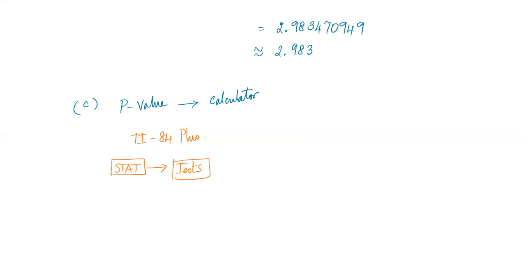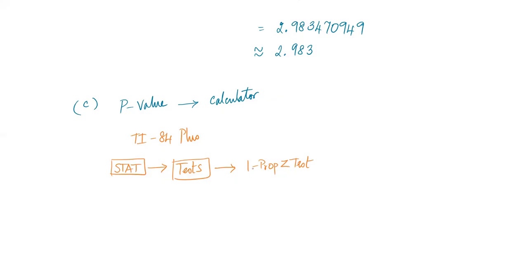The first one says Z test, which is just to find the Z test and the T test. Then you have 2 sample Z, 2 sample T. Skip that and go to 1 prop Z test, which is actually number 5.